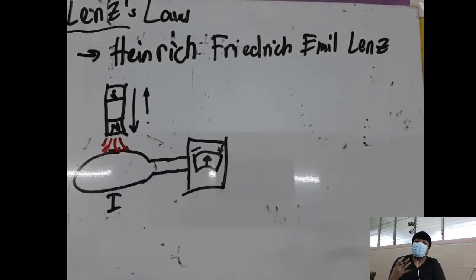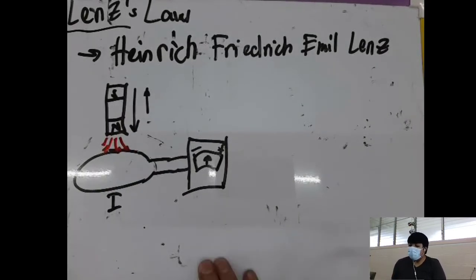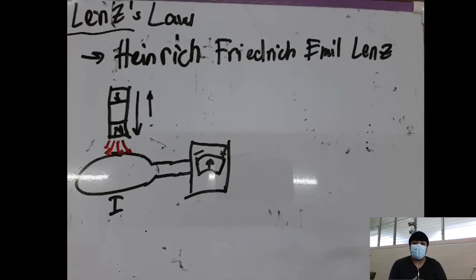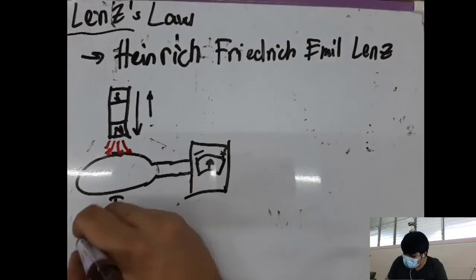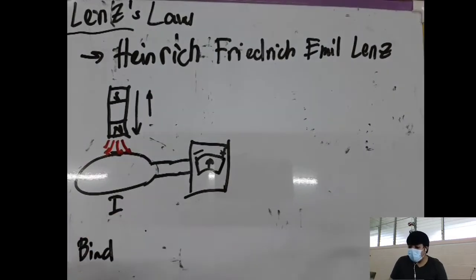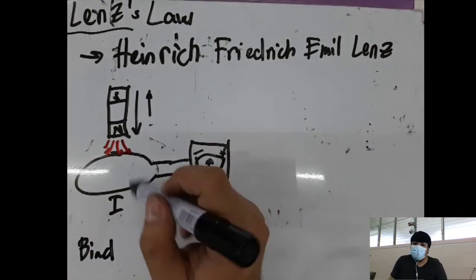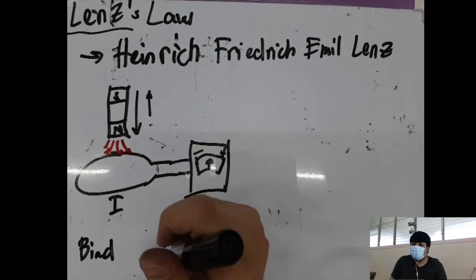Remember, and I will reiterate this, that a current is a flow of charges. Since there is a movement of charges, there will be a creation of a magnetic field, and that induced magnetic field will oppose the change in the magnetic flux.